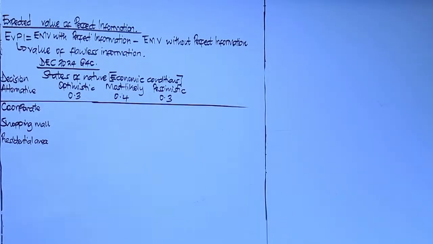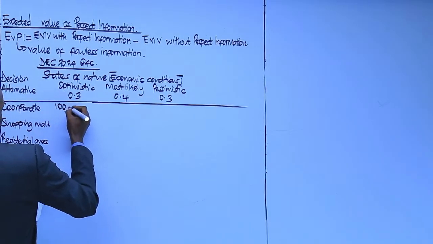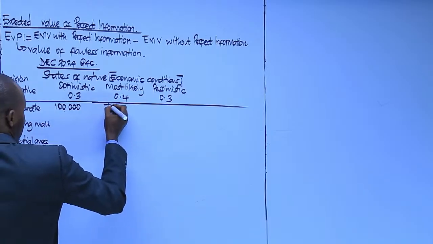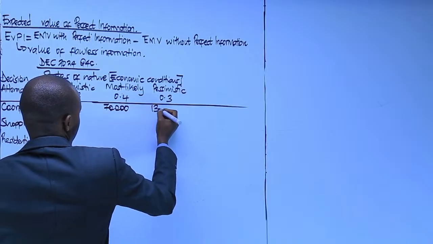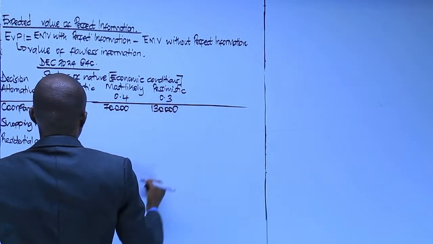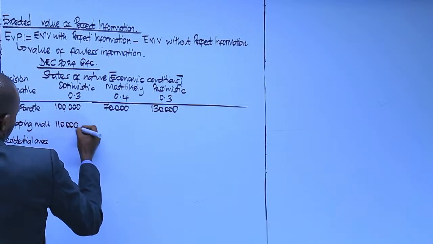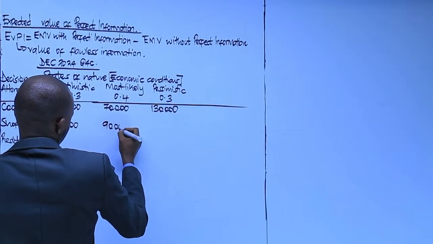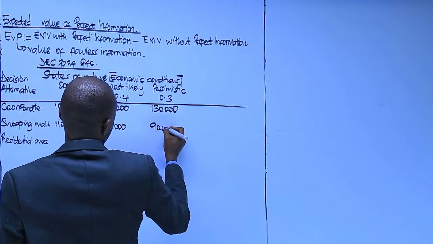And then we now represent our payoffs. Corporate: 100,000, 70,000, 130,000. Shopping mall: 110,000, 90,000, 90,000.